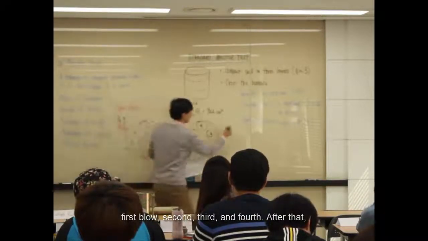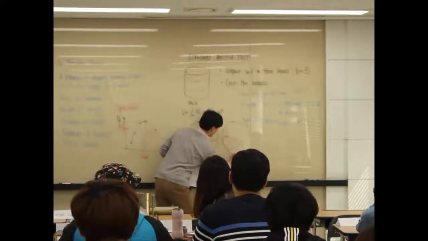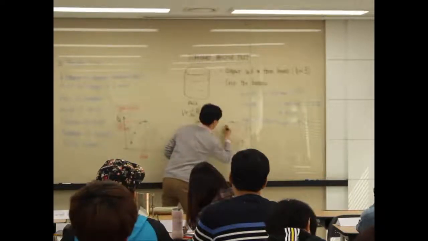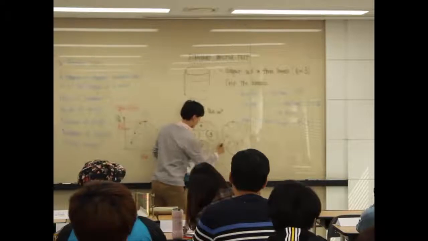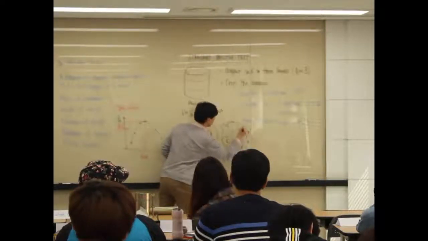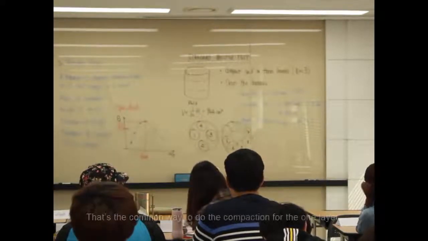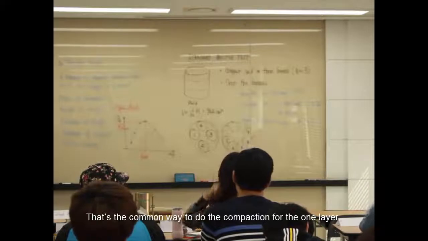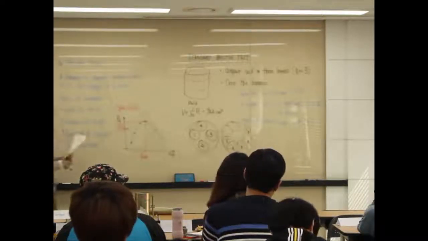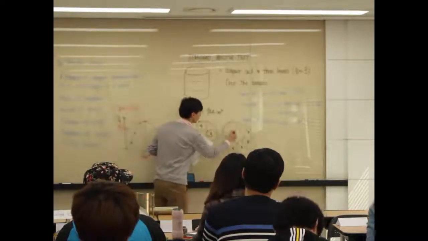After that, I'm going to go around it: 5, 6, 7, 8, 9, to make it 25 blows. That's the common way to do the compaction for one layer. You go in a spiral.